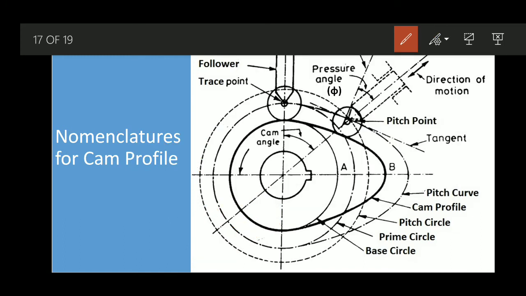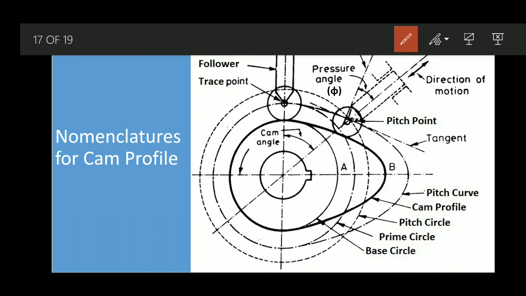Suppose 60 degrees is the angle of rise. To complete that 60 degree movement, it is definitely going to take a particular time. Similarly, suppose 50 degrees is the return stroke angle. For traversing that angle, the cam is again going to take some time. So all the strokes we can discuss with respect to time also.